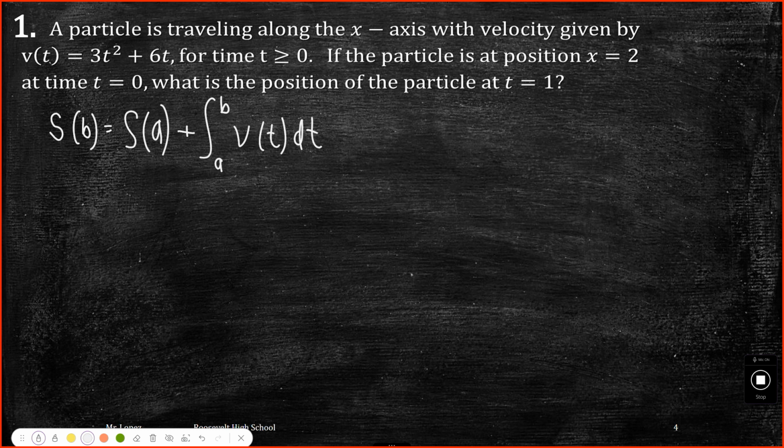So t equal to 0, then this would be your t. This is A. I can put A here, and this would be B.